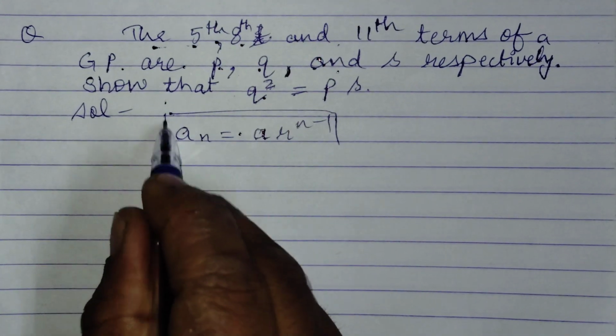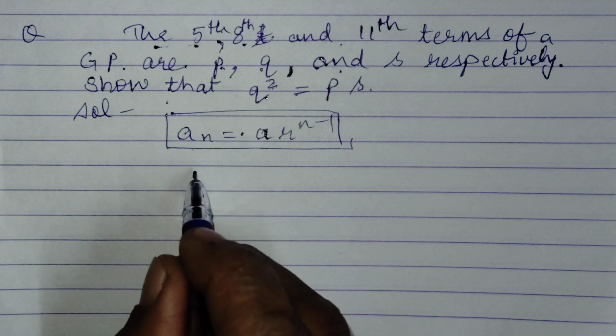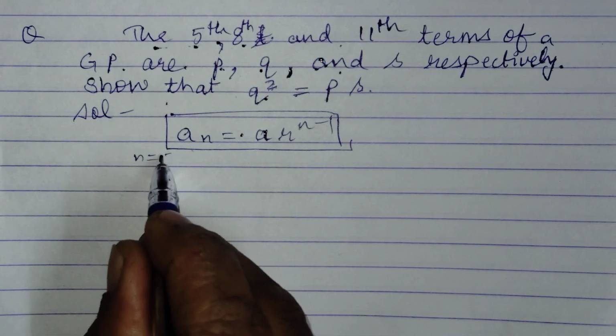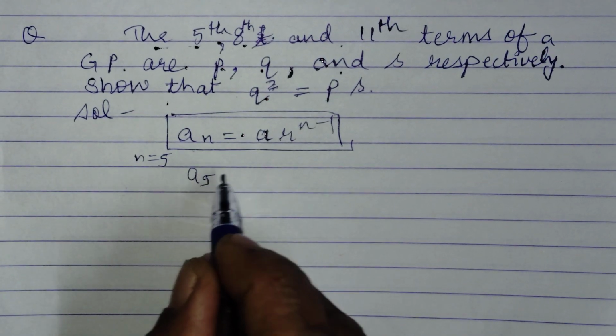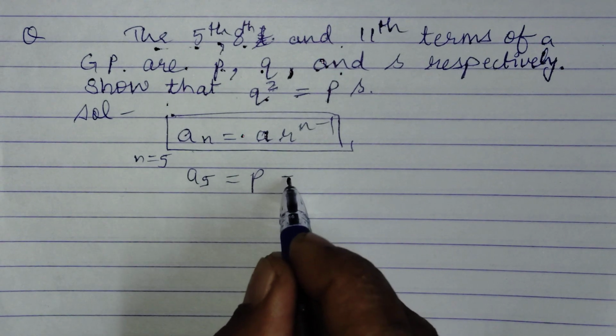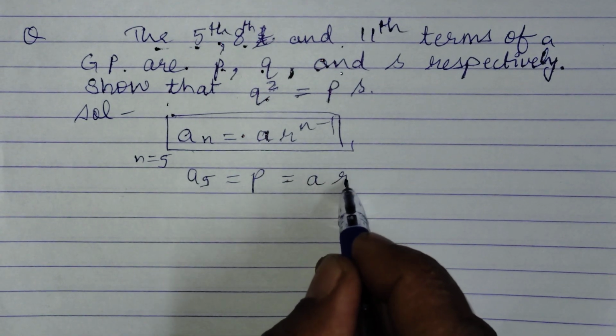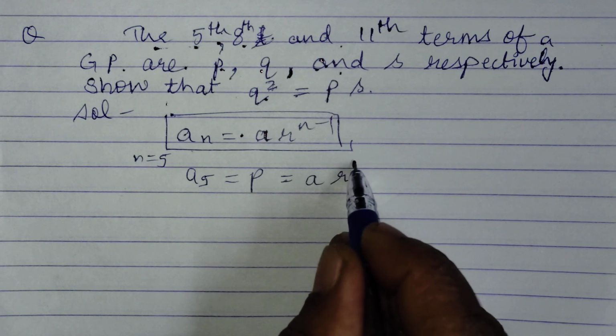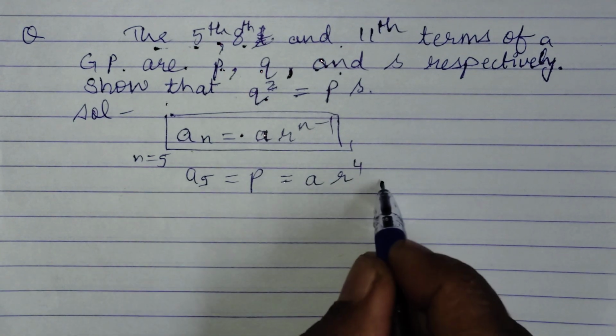Here n equals 5, the 5th term, so P equals a r power 5 minus 1, that means 4. This is equation 1.